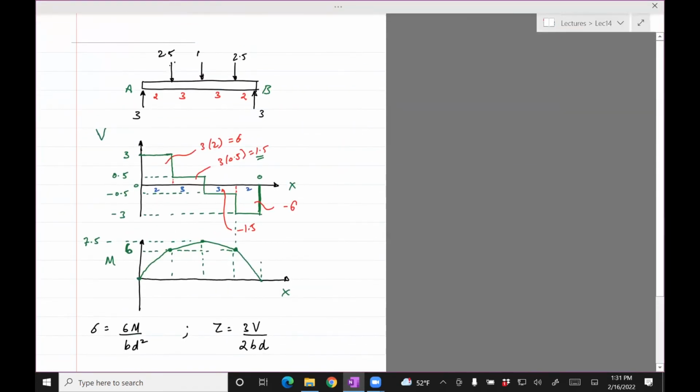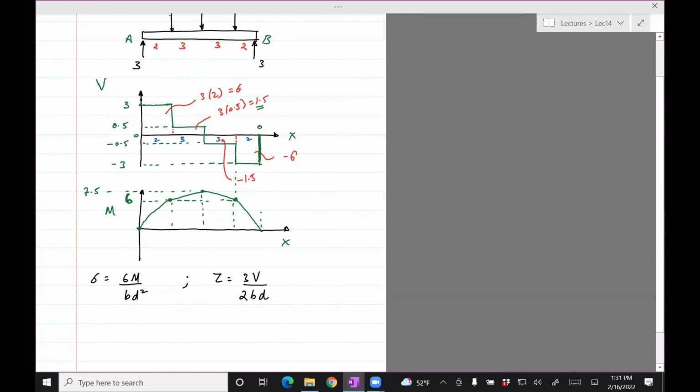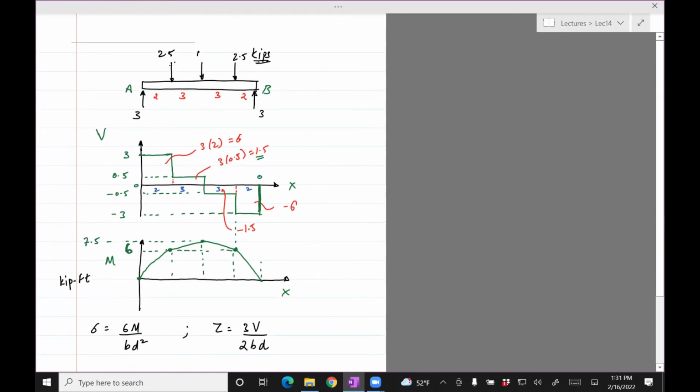Remember that this is kips, so it will be kip feet, because this was in kips, and then we multiply this with feet. All these dimensions were in feet. That's why we have kip feet.